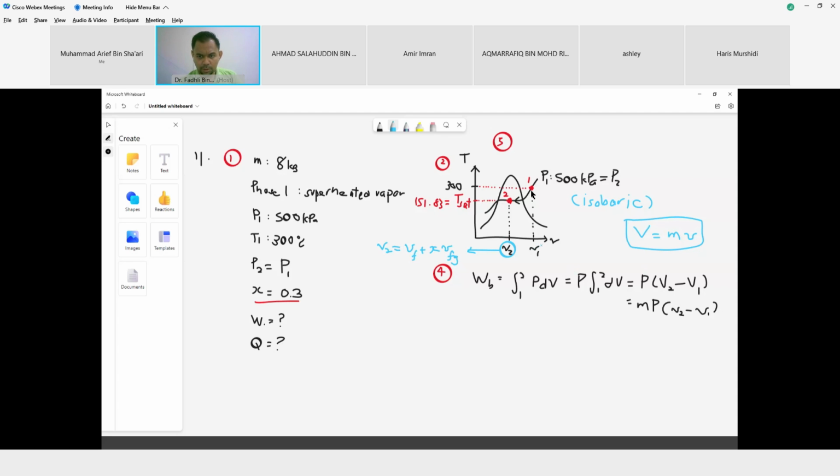While for this V1, you have to use a table, you have to look at the table.